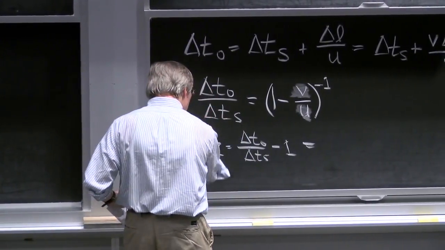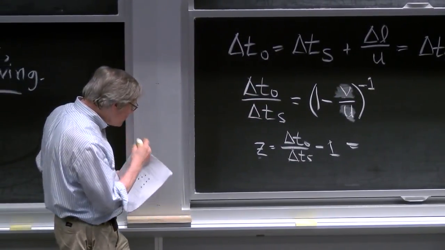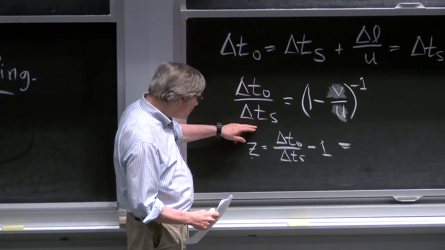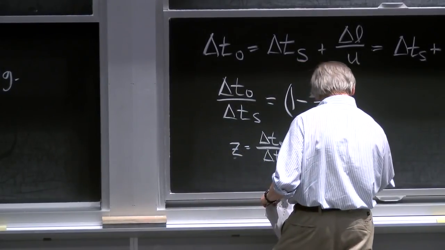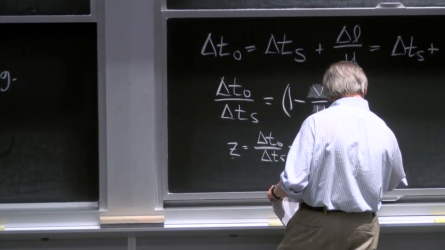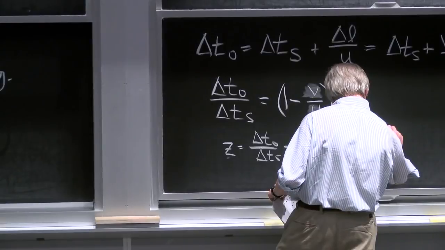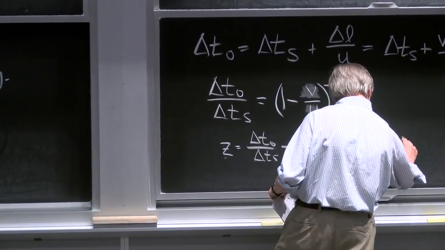OK, so to write down a final equation for z, it's delta t sub O over delta t sub S minus 1. So it's 1 minus v over u inverse minus 1.